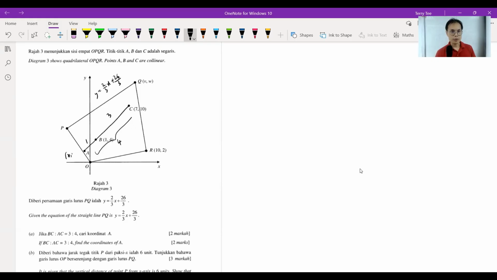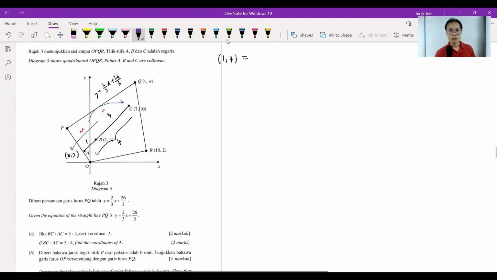Cari coordinate A. Notice that A is not given, so I'm going to let A be (x, y). B is a point in between 1 and 4. So we're going to use the formula of pembahagian tembereng garis, (nx1 + mx2) over (m + n). I don't have to rewrite this formula for you, it's given in the exam. But remember, the most important thing is that the ratio, if this is m, this is n, you must multiply with the opposite coordinate.